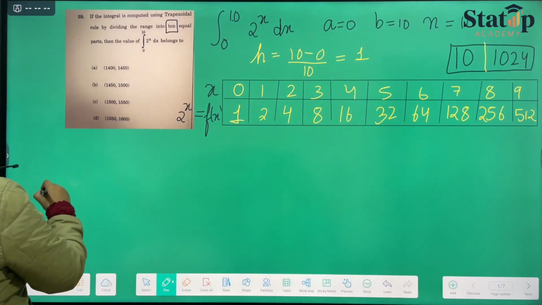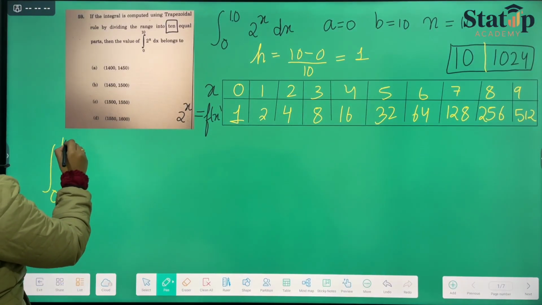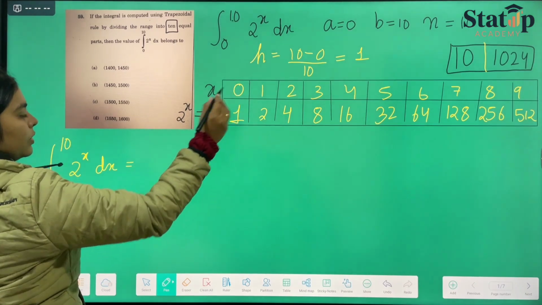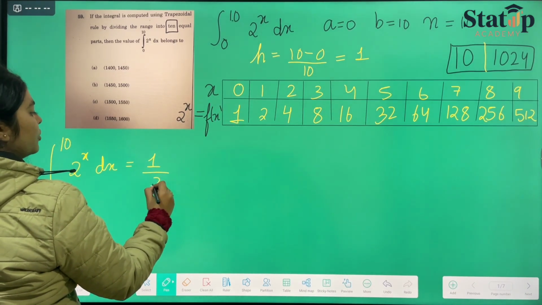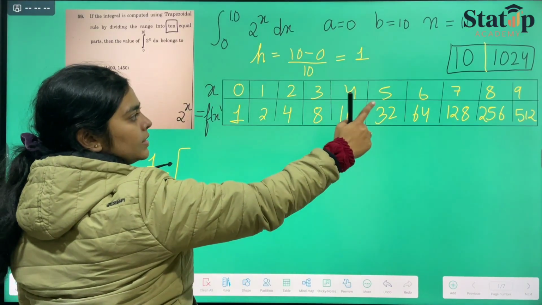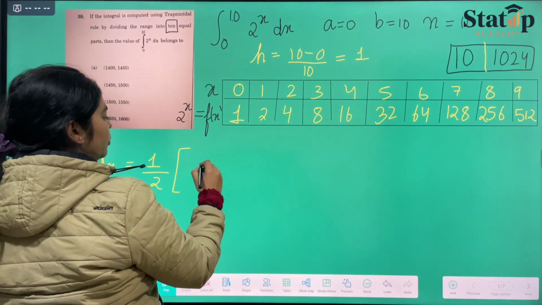So now the trapezoidal rule from 0 to 10 of 2 raised to the power x dx will be h by 2. h is 1, so 1 upon 2 into the first one, y0, plus the last one, 1024.